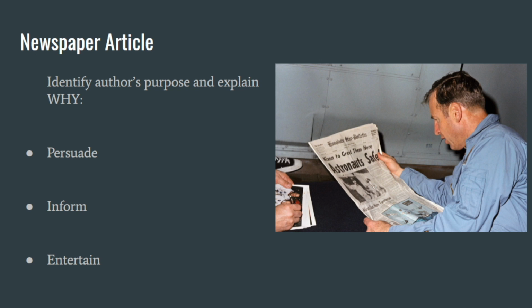I think it could be both, inform or entertain. We're probably going to hear a fun story about the astronauts and their voyage to the moon, but mainly we're going to hear the details: when they left, what they did, when they're returning home, and who will be there to greet them. So this one would mainly be informing.